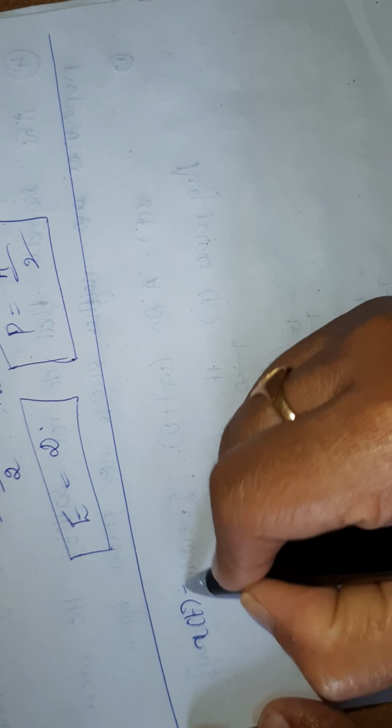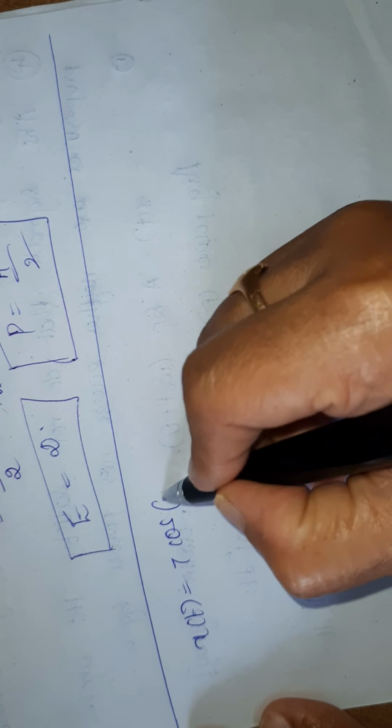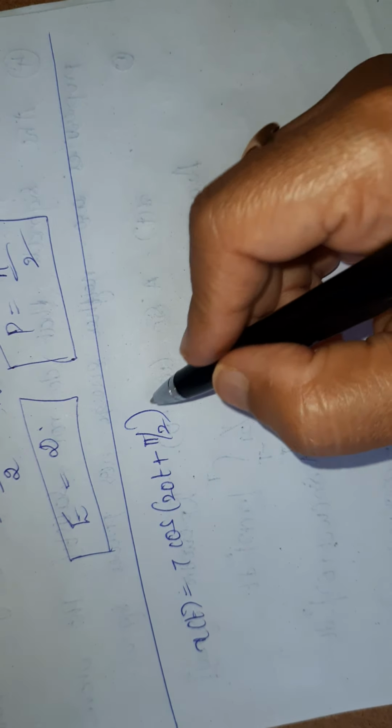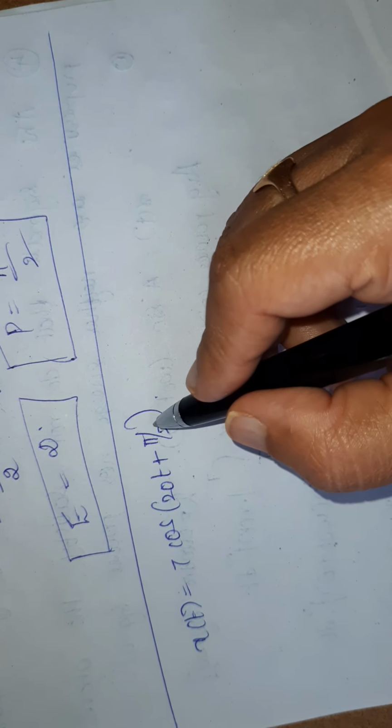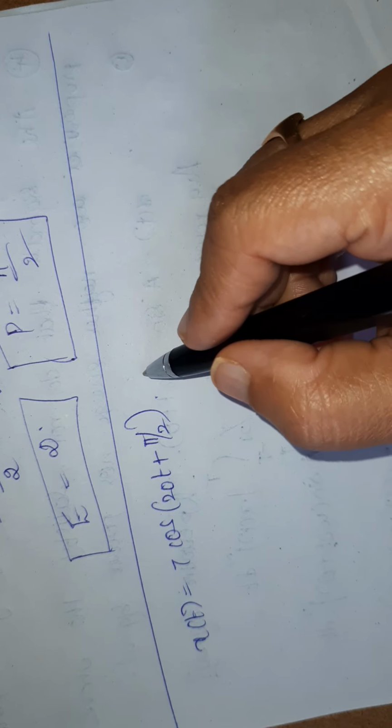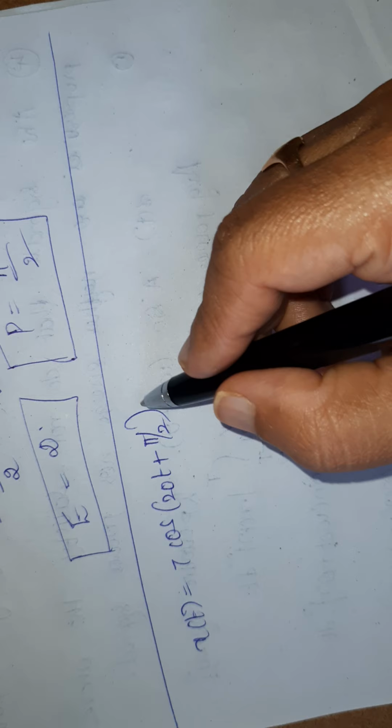x of t is equal to 7 cos(20t plus pi by 2). Determine the power and RMS value of the signal.